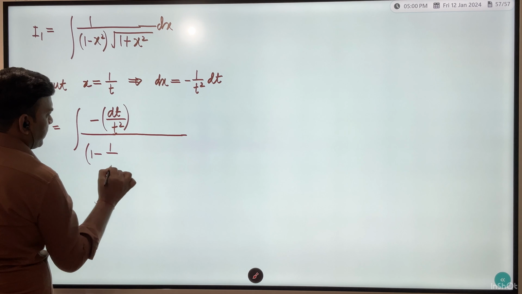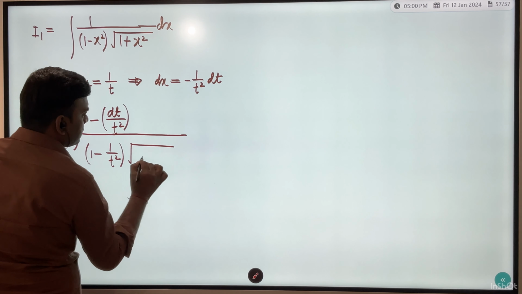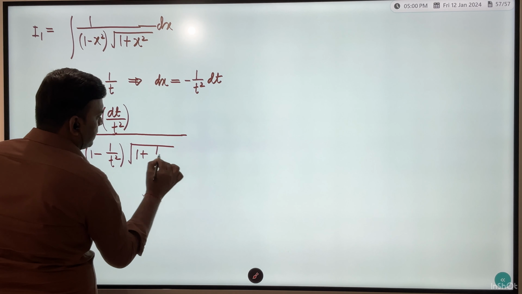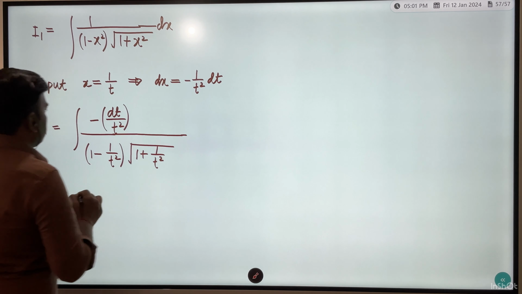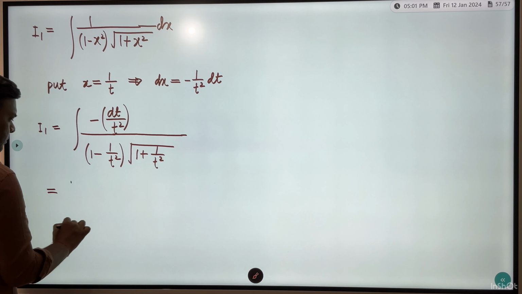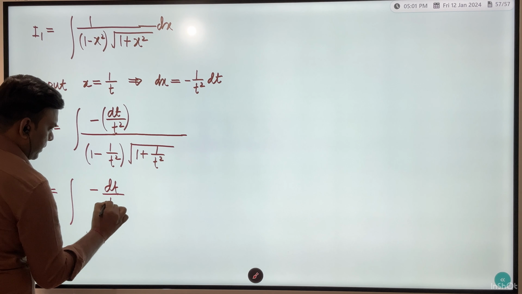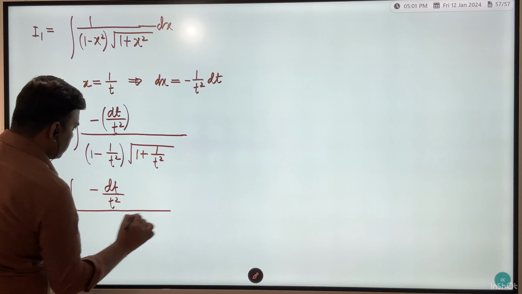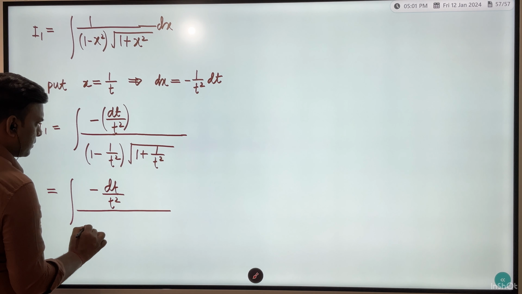So the given integration will become minus dt upon t square upon 1 minus 1 by t square, integral 1 plus 1 by t square. So we'll just simplify this integration. After taking t square LCM, t square in numerator and denominator will get cancelled out.